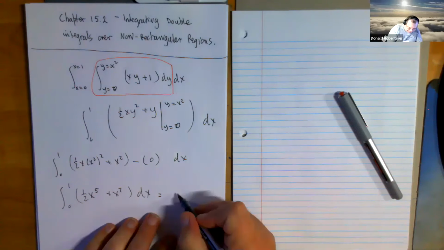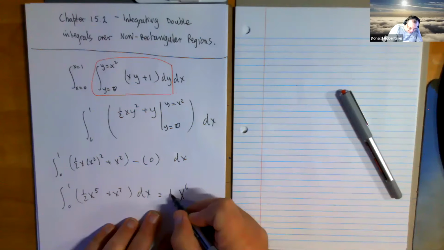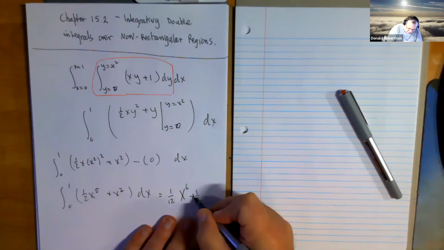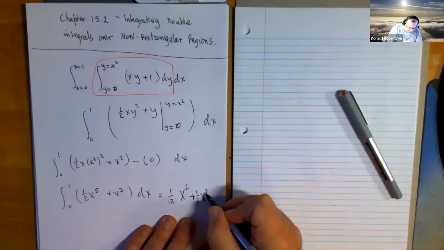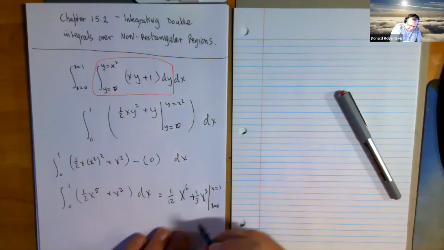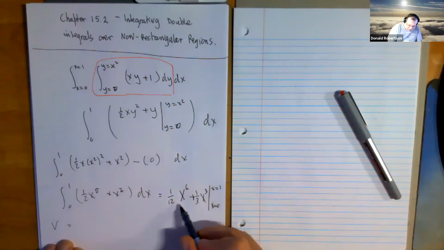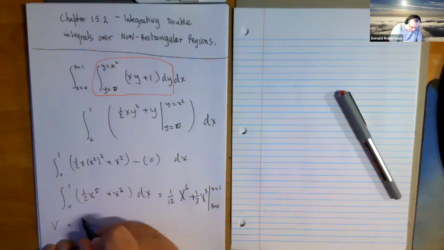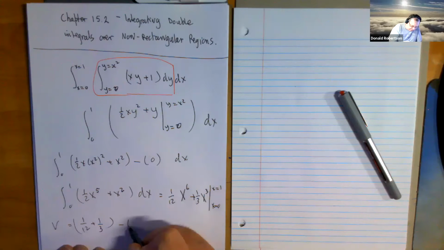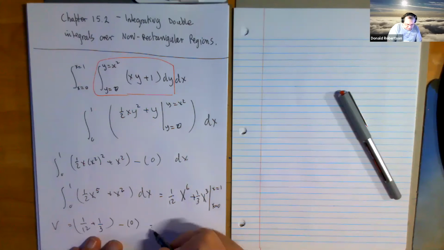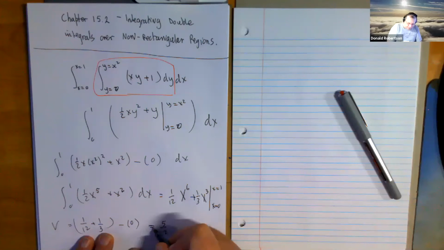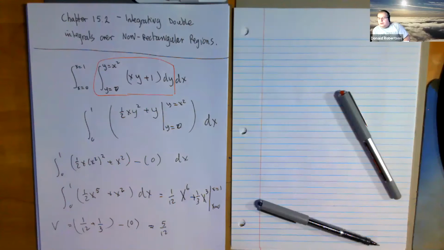In this case, increase the power by 1, divide by the new power, evaluated at 0 and at 1. That gets me 1/12, add a third. And that just gets me a whole load of zeros again. That's 4/12, so that's 1/12, so it looks to me like the answer is going to be 5/12. Does that seem reasonable?